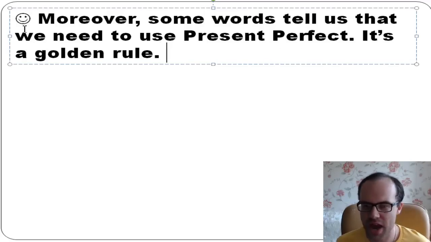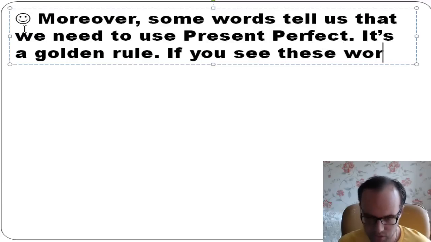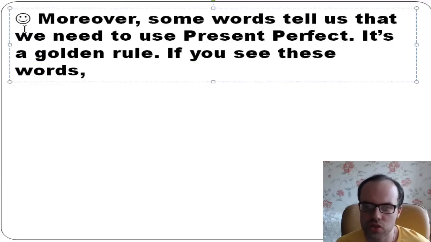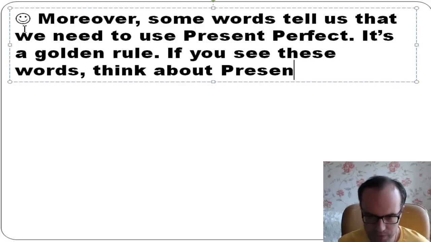So if you see these words, or if you want to use these words, think about present perfect. Okay?